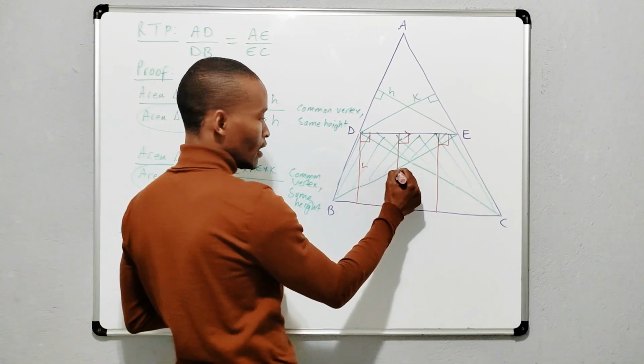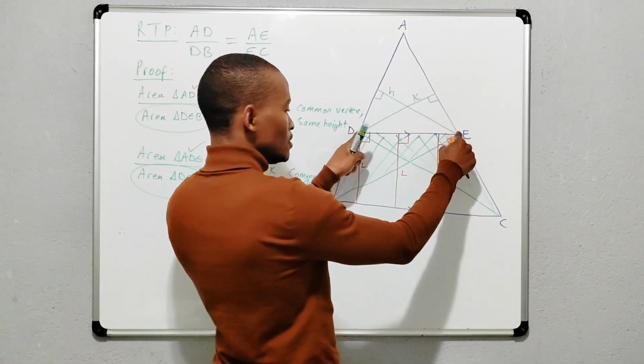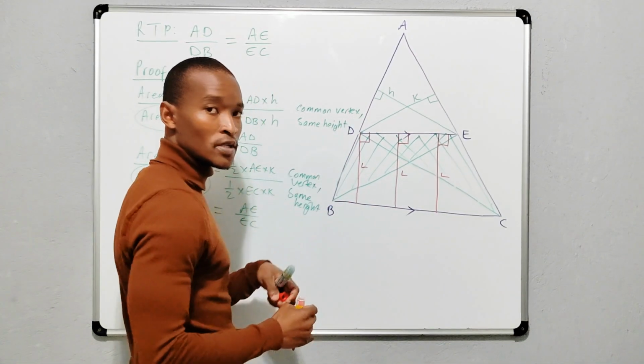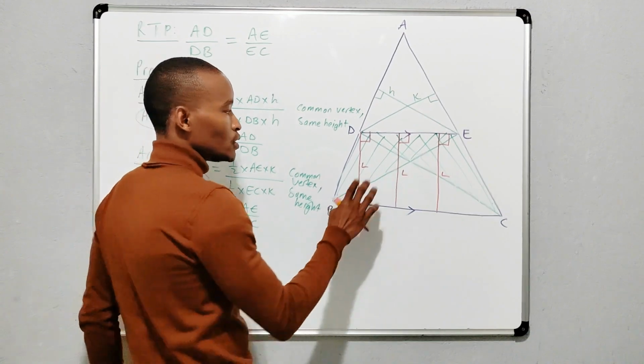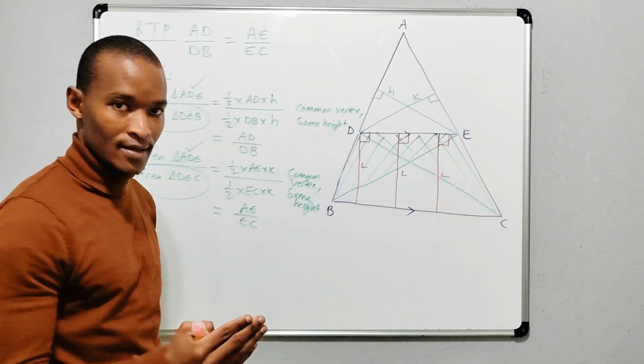Let's call it L, height L. So DE is the base and L is the perpendicular height. So these two triangles will have the same area.